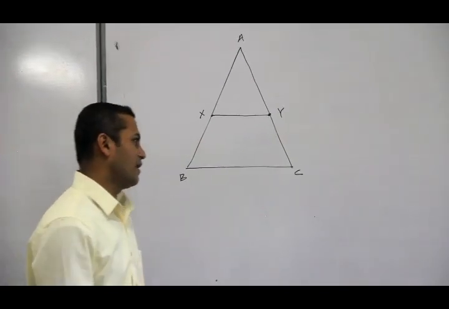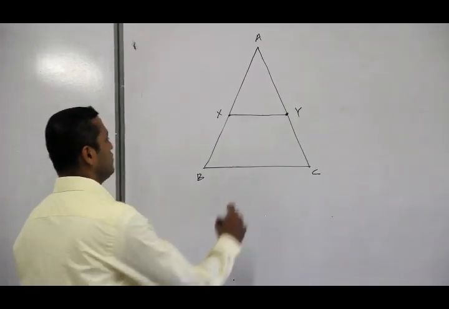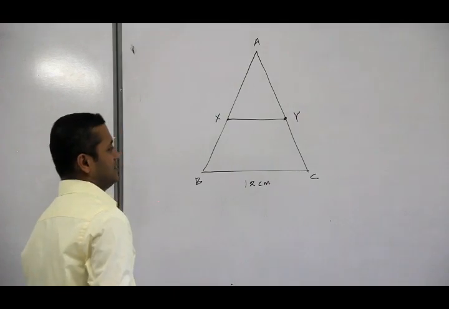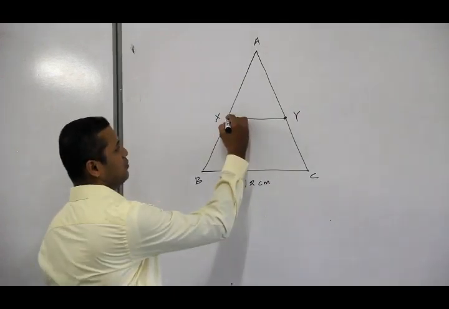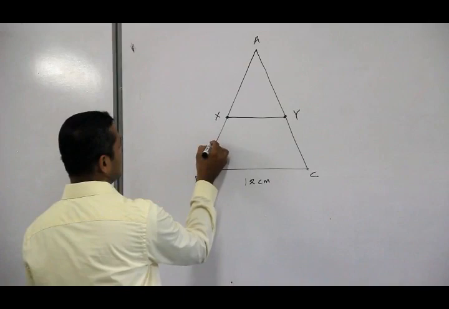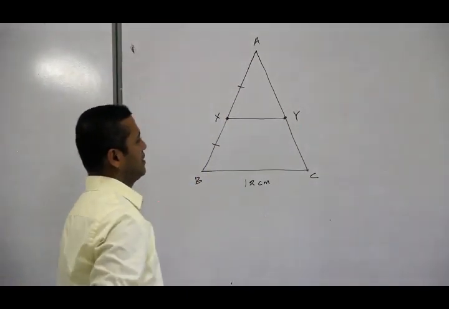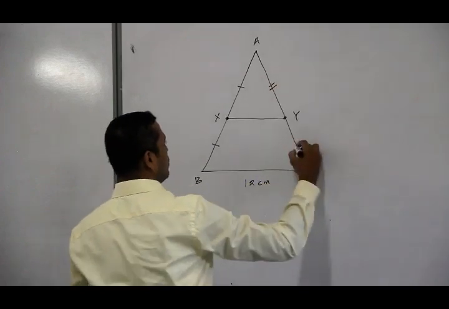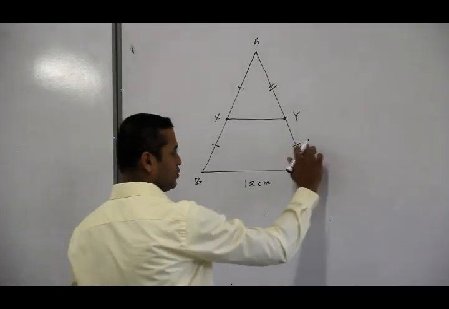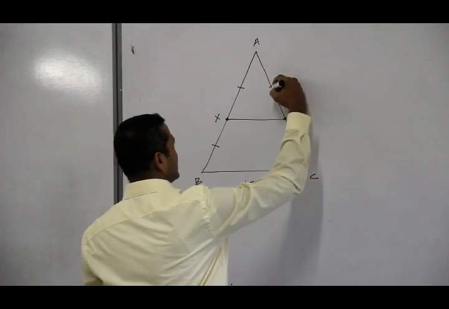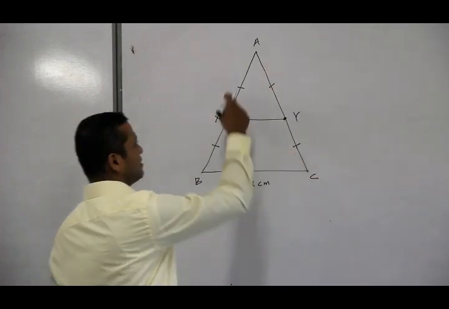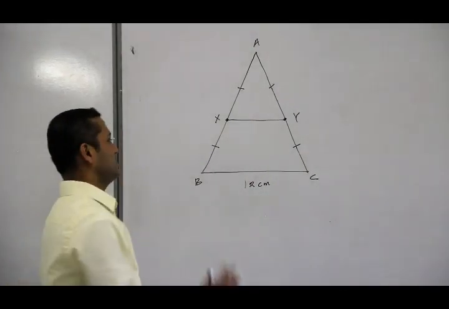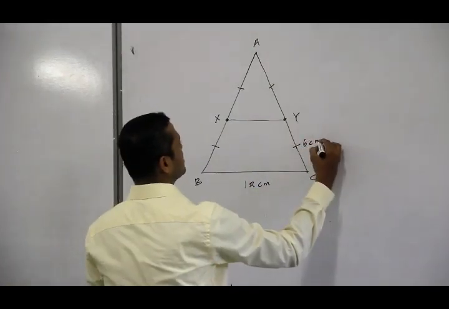Now the side length is how much? 12 centimeter. Since X is the midpoint of AB, this is equal to this. And Y is the midpoint of AC, this is equal to this. But we can use the same single line to represent, because all these are equal, since it's an equilateral triangle. Then each will be 6 centimeter.